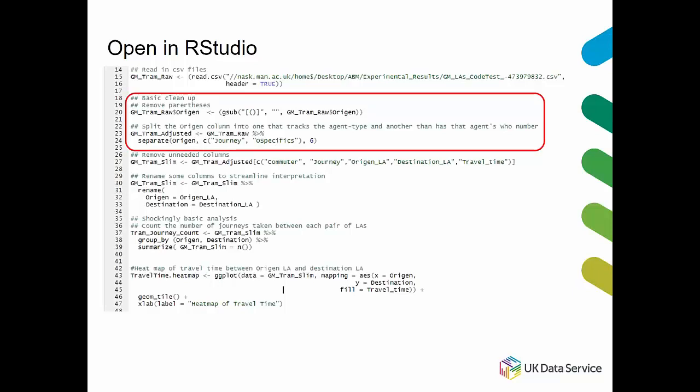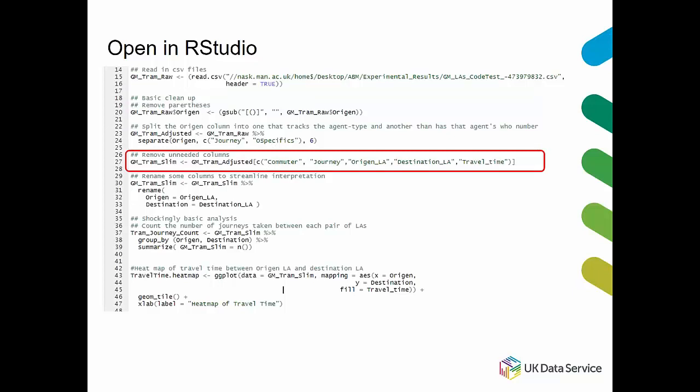So I loaded up the file. I did a substitution to remove the parentheses. And I did a separation to split the origin column into journey and specifics. Now journey will have house or place, and specifics will have the who number of the house agent or the place agent.